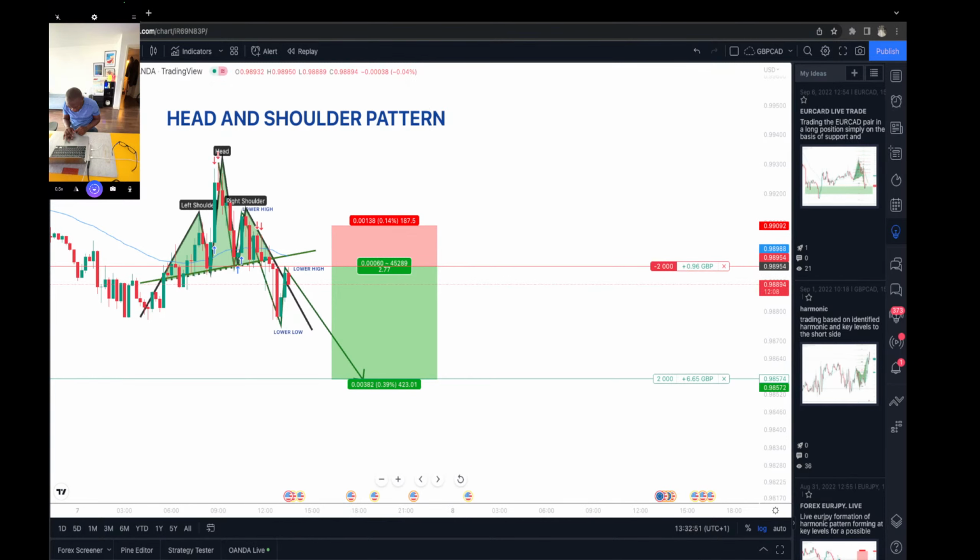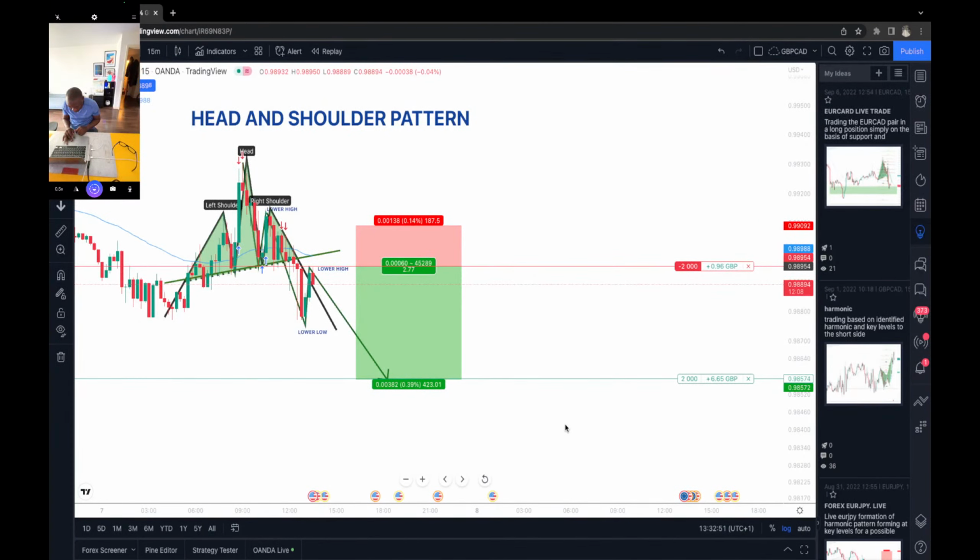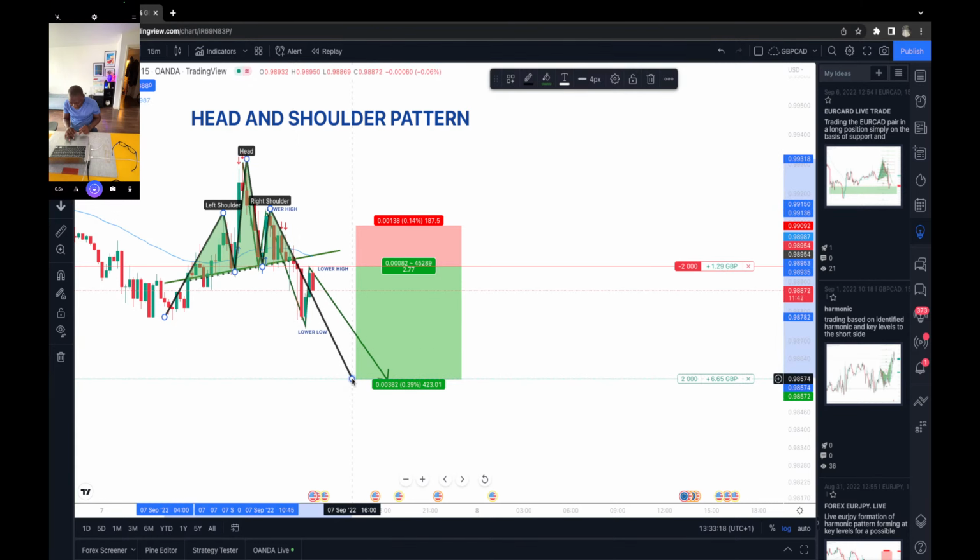So that's where I think price would go, all the way down here, giving us a good risk to reward ratio of 2.77, I think. So that's what we're aiming for.